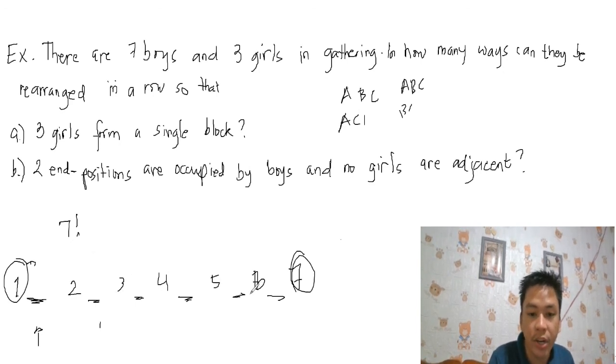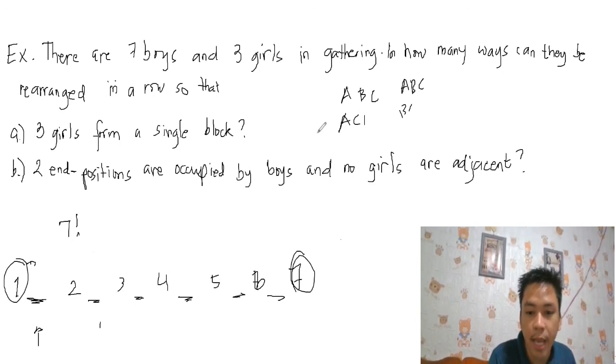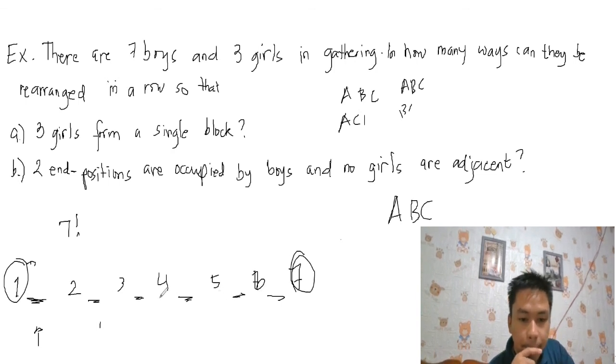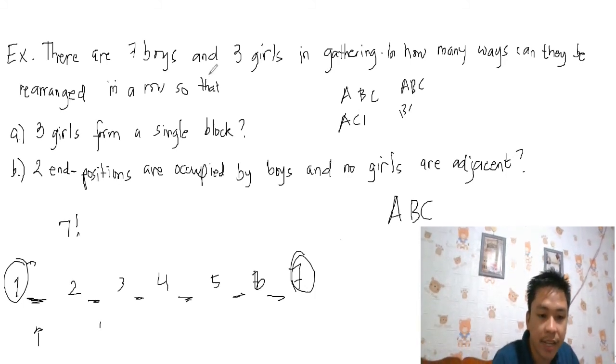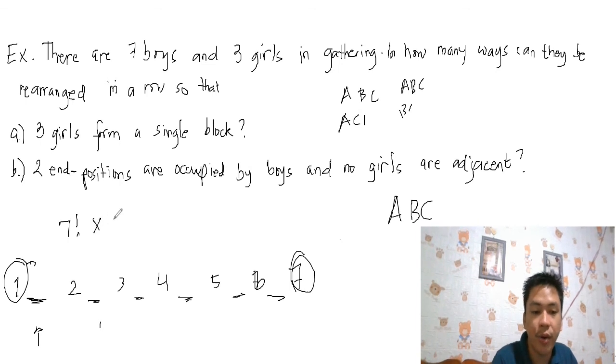So there are three girls. Let's say you have girls A, B, C. For A, she can choose out of six, right? There are six spaces, so you multiply by six options for the girls. In this case, we are only considering one case scenario and then we multiply that by the number of permutations.